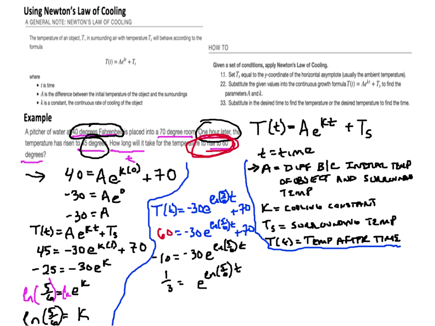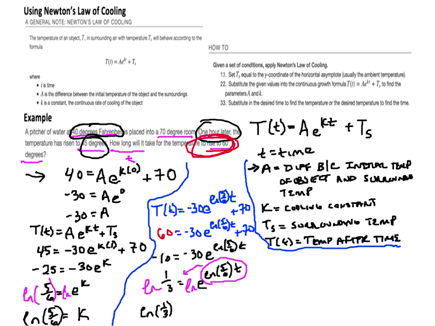Take the ln of both sides, and don't forget that brings all of this out front as a coefficient. So I have the ln of 1/3.